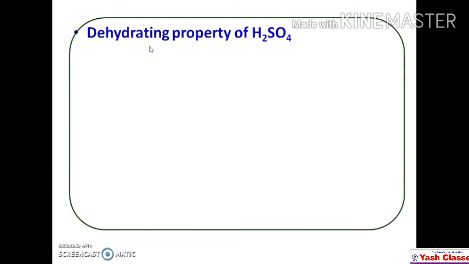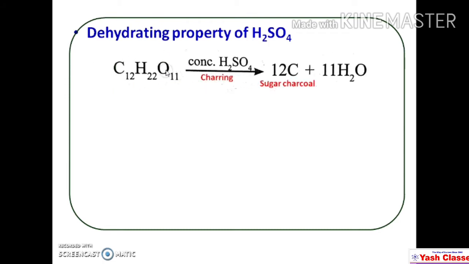Now, the dehydrating property of sulfuric acid. When sulfuric acid comes in contact with any substance, it takes out water from that substance. For example, when concentrated sulfuric acid is added to sugar, C12H22O11, which is cane sugar, there is a charring of this sugar, and this sugar gets converted into charcoal.